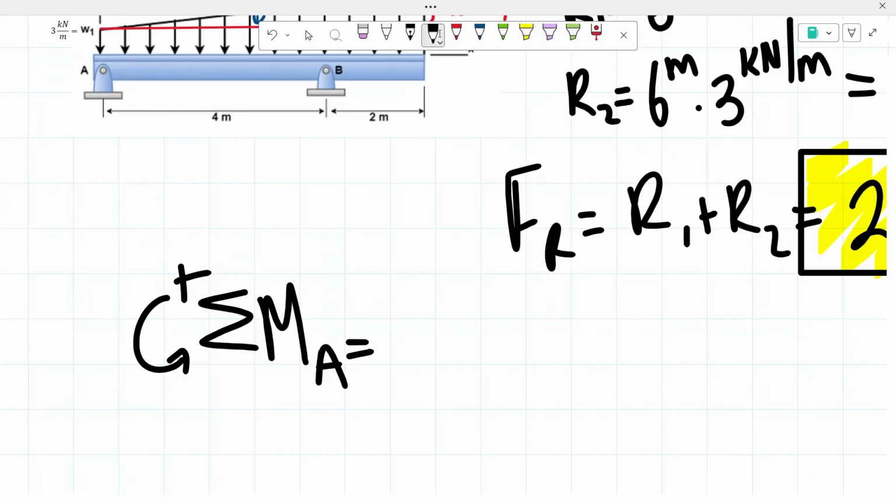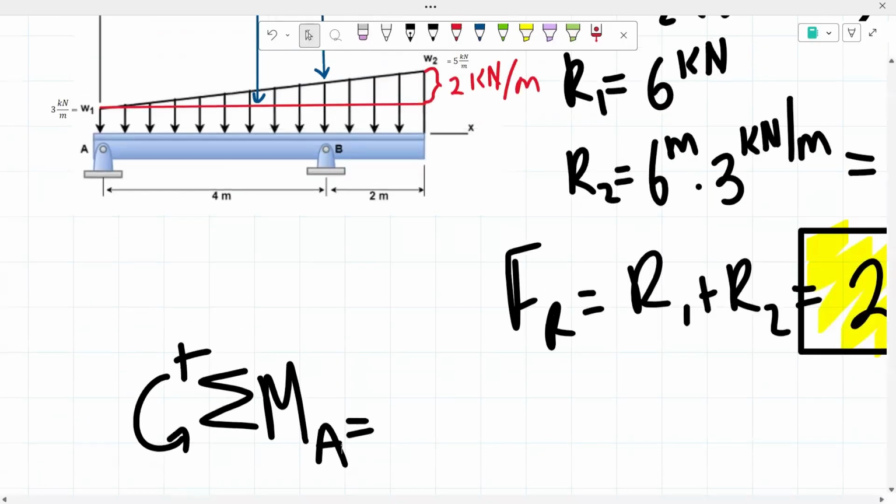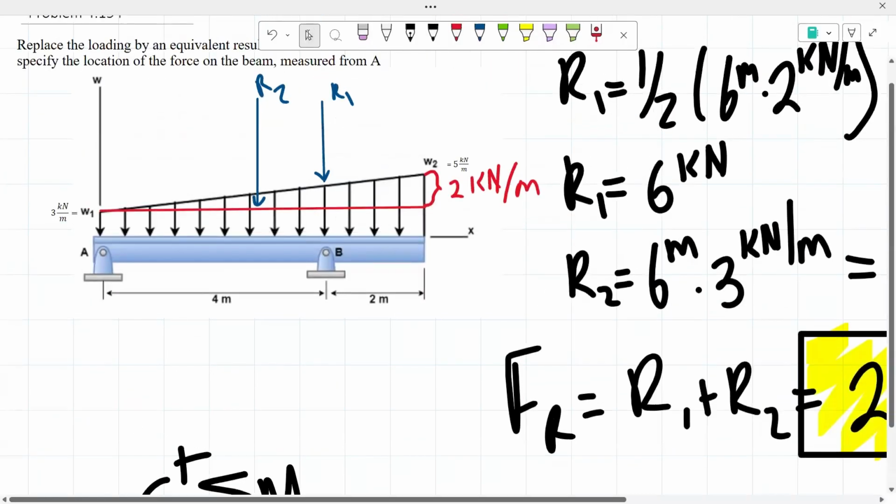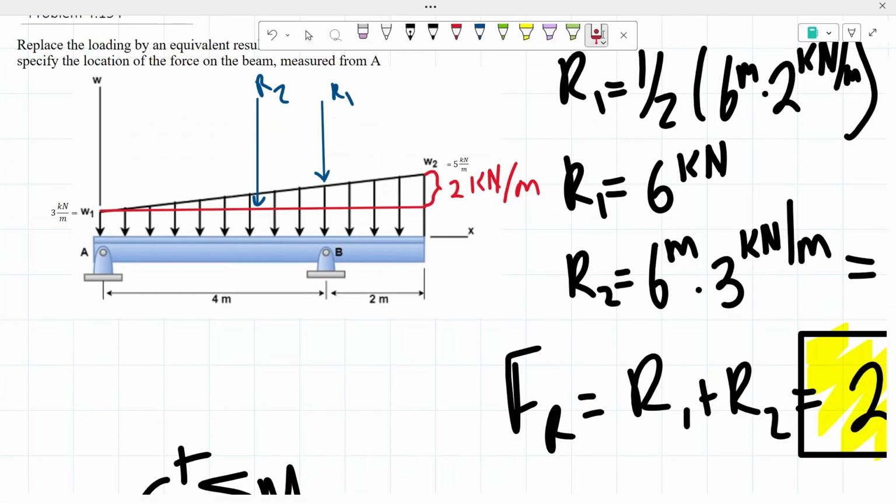Our sum of moments about point A is equal to the force times the distance. Here our force is our resultant force, and our distance is the location where our resultant force is located. We don't know exactly where that resultant force is, but we do know that it's going to be on the right side of our point A. So any force on the right side of point A creates a clockwise moment, meaning it's a negative moment.